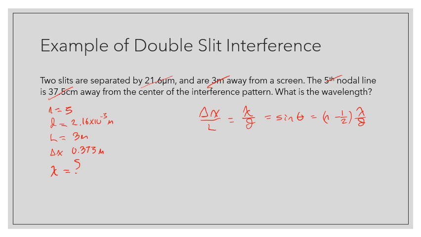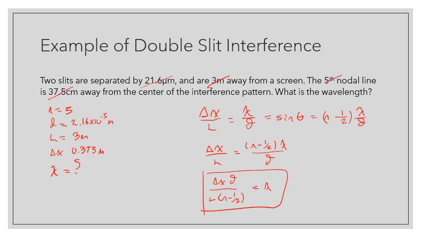So we can figure out the lambda using the nodal number with this equation. Delta x over L is equal to n minus 1/2 times lambda over d. So now we just use algebra to solve for lambda. So delta x times d over L times n minus 1/2 is equal to lambda.